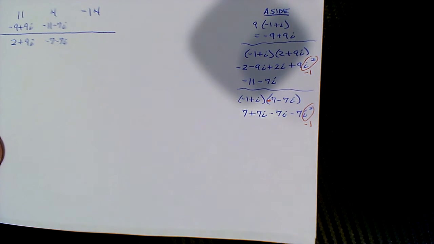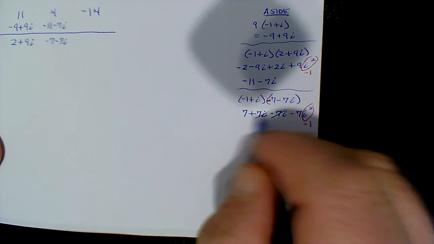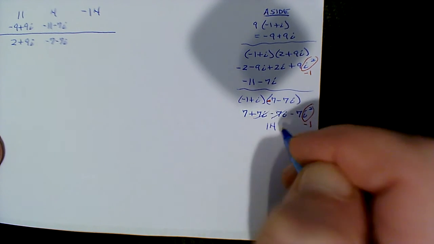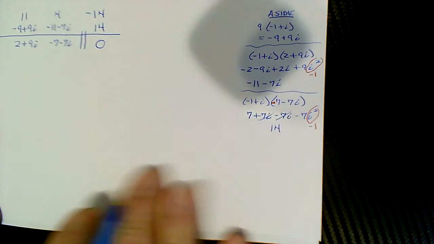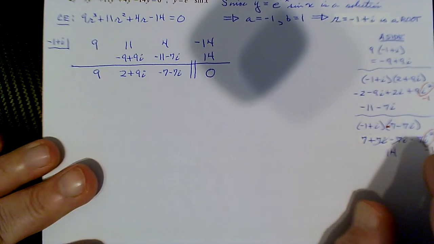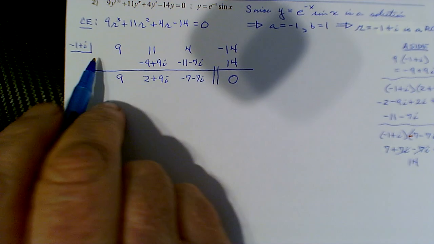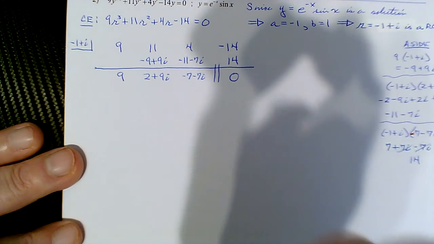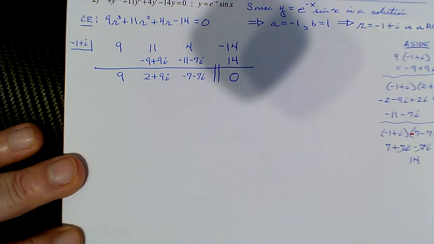The i's are gone. 7 minus 7 times minus 1 is positive 7. And as expected, we get a 14. I say as expected because we knew that minus 1 plus i was a root, and so of course it's going to give us a 0 when we do our synthetic division.